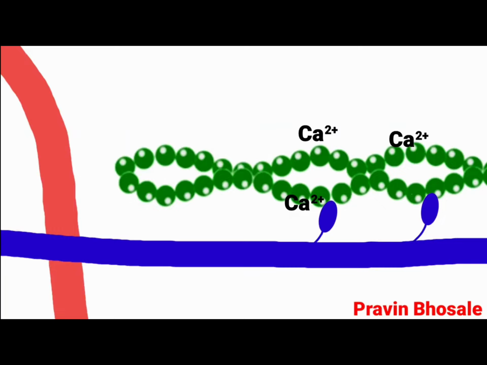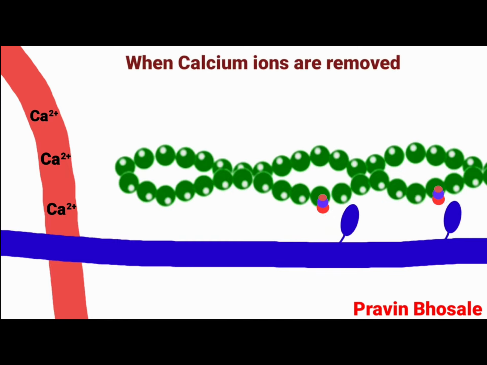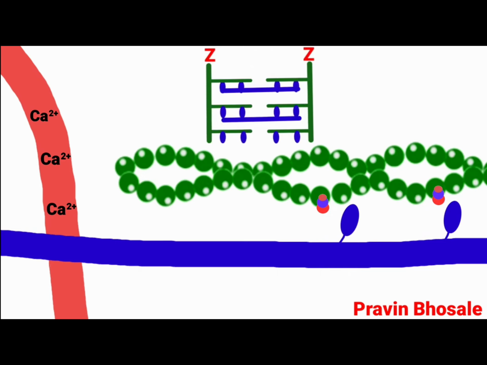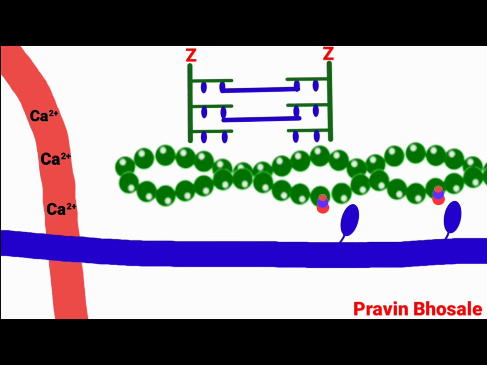The process continues till the calcium ions are pumped back to the sarcoplasmic cisternae, resulting in the masking of the actin filament. So when calcium ions are removed, the myosin binding site on actin is again covered. This causes the return of the Z lines to their original position, that is, relaxation.